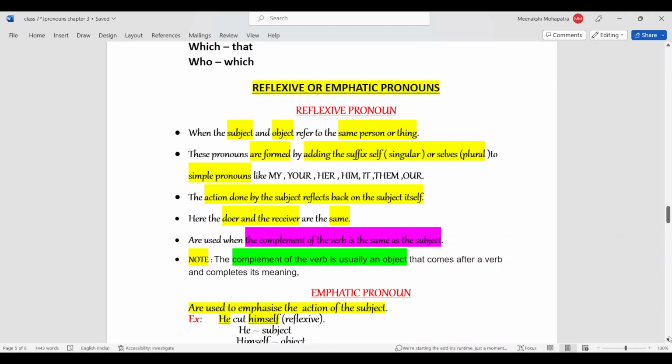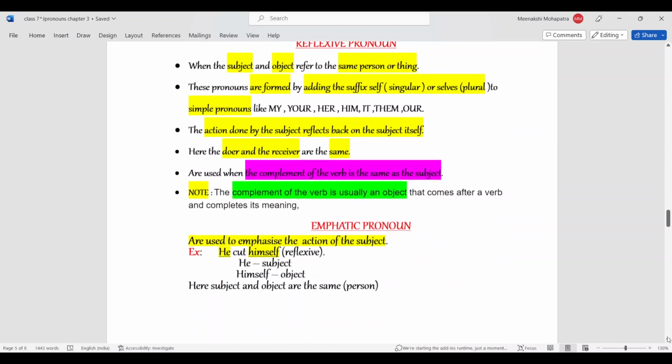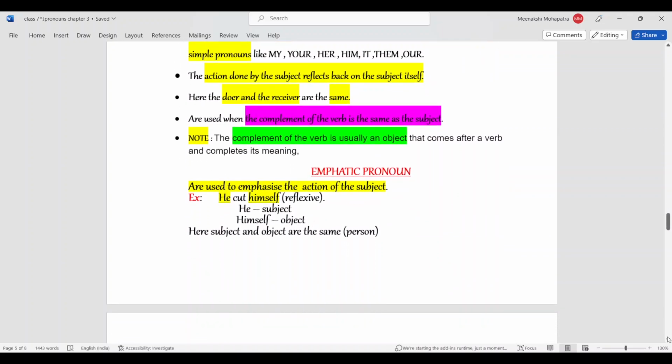Now, the complement of the verb is usually an object that comes after a verb and completes its meaning. So, in reflexive pronoun, the complement of the verb, that is, the object, is the same as the subject. Now, emphatic pronouns are used to emphasize the action of the subject.